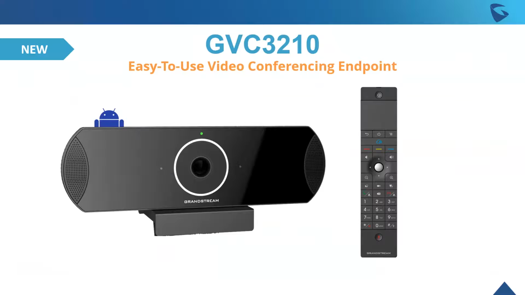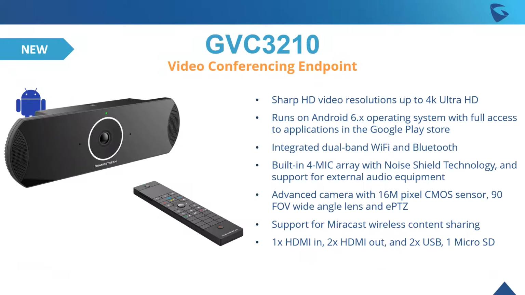But what we're here to talk about most of all is our new GVC3210. It's just a really intuitive, easy to use video conferencing endpoint. So let's go over a few key important details about the device. The GVC3210 has sharp HD video resolutions all the way up to 4K Ultra HD.